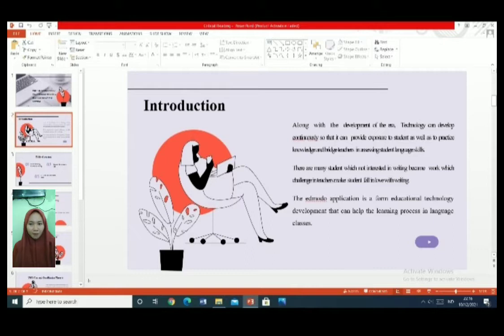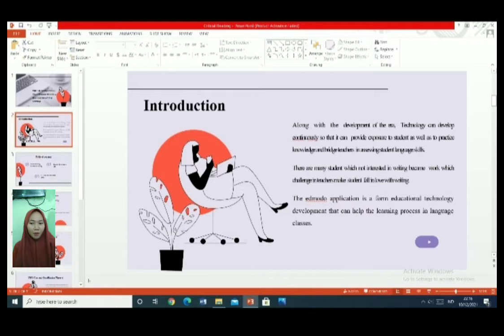language classes. This means that the more sophisticated the times and the technology, along with the development of the time, many students are not interested in writing because of the many activities at school, and it is a challenge for teachers to make their students fall in love with writing again.